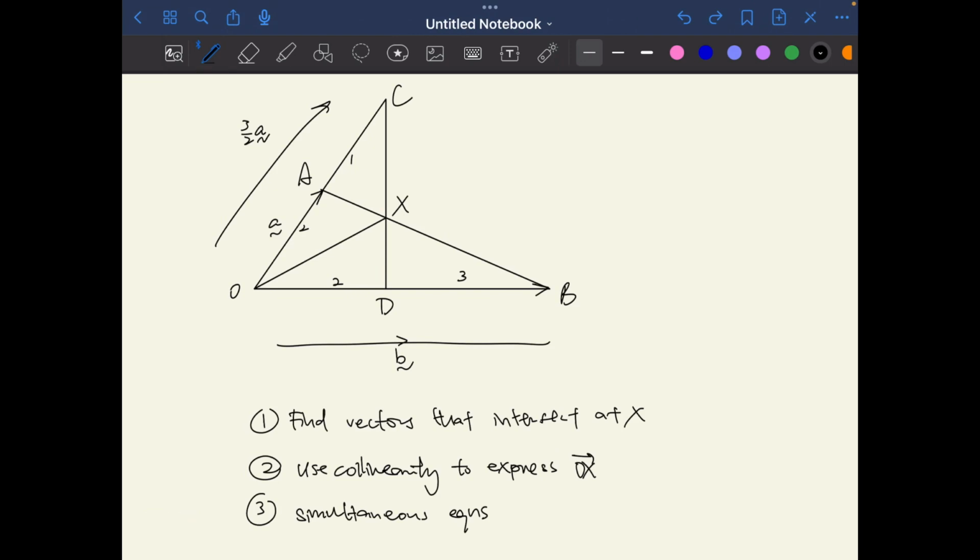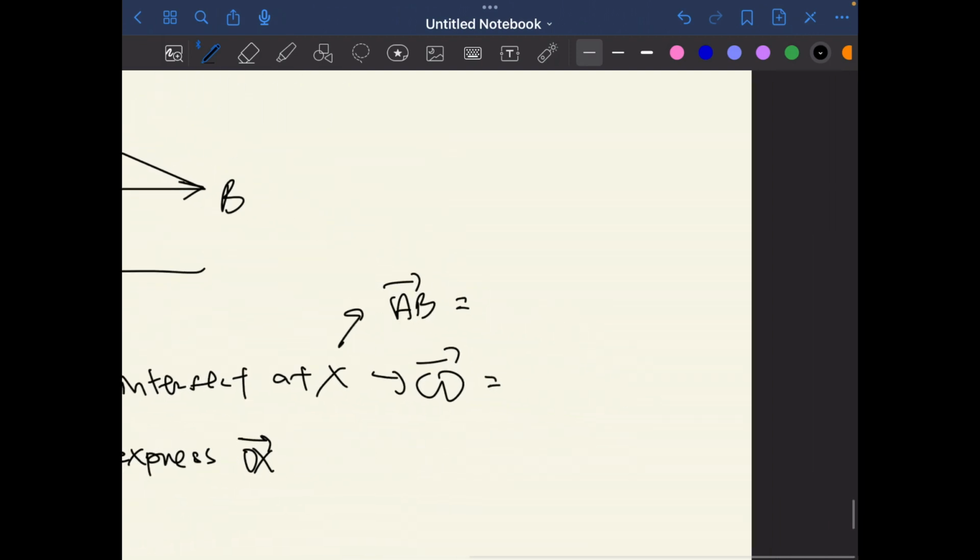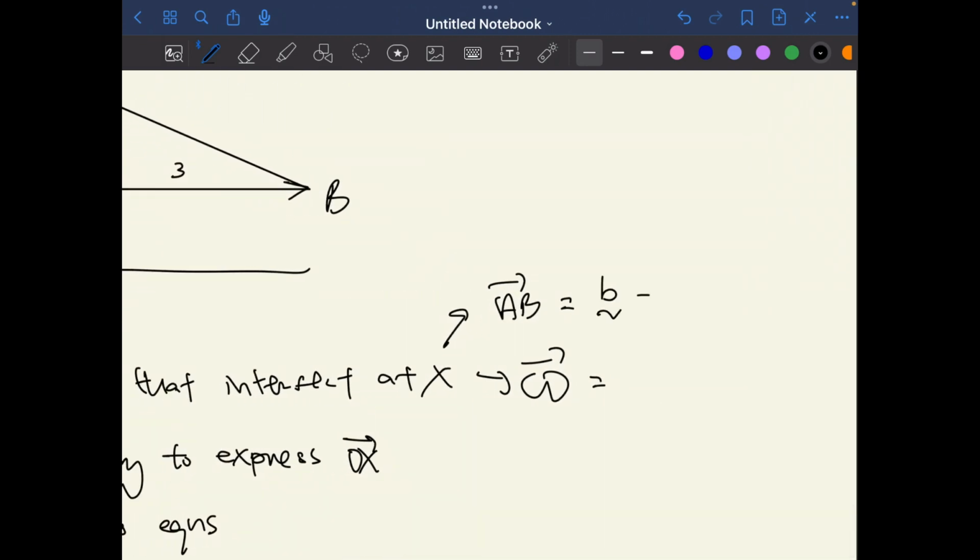So you need to find vectors AB and CD first. AB would be b minus a, CD would be 2/5 b minus 3/2 a.